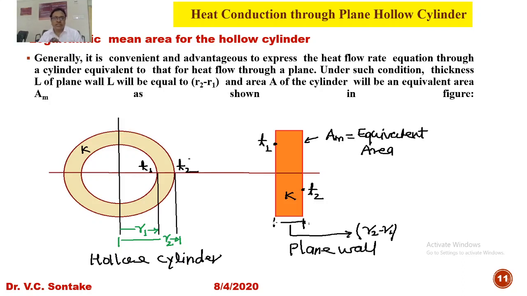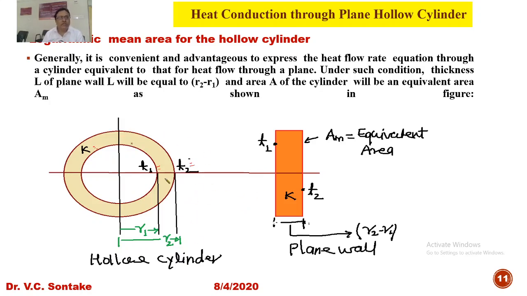Under such conditions, the thickness L of the plane wall will be equal to R2 minus R1, and the area A of the cylinder will be an equivalent area AM, called the logarithmic mean area. So let us consider a cylinder having inner radius R1 and outer radius R2. Inner surface temperature is T1, outer surface temperature T2, and its thermal conductivity is K.